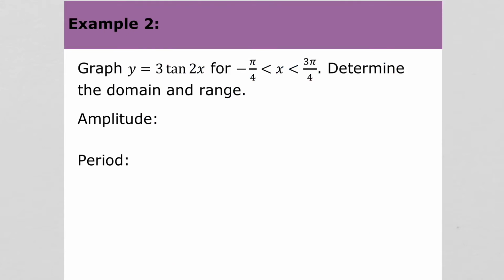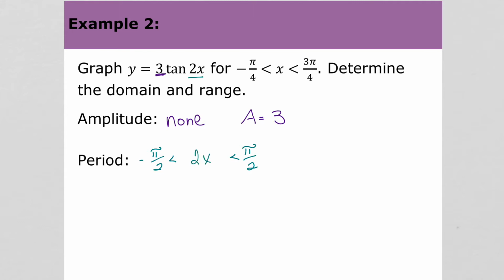Let's graph another one. Doesn't hurt to practice. So again, there is no amplitude, but there is an A value, which we'll deal with here in a little bit. For the period, start with negative pi over 2 to pi over 2, and we put our bx minus c in between.